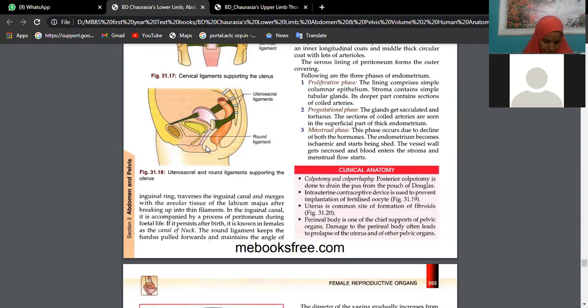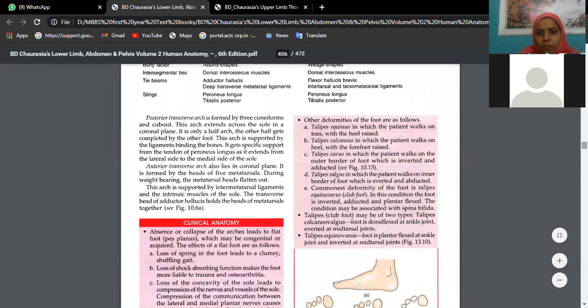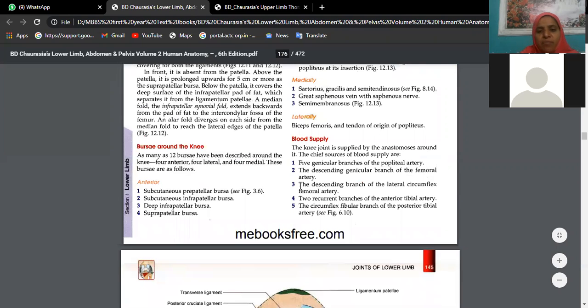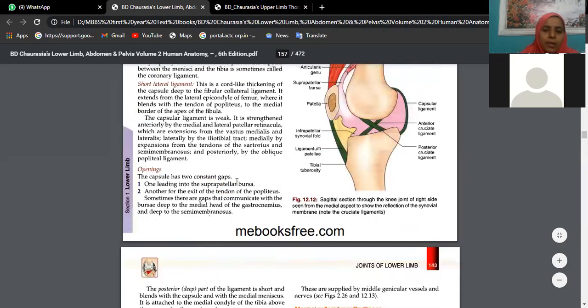Then let us see the questions we had from the lower limb. Only one 4-marker was given, that is the common peroneal nerve. Anybody remember how it is formed? What are the terminal divisions of the sciatic nerve?